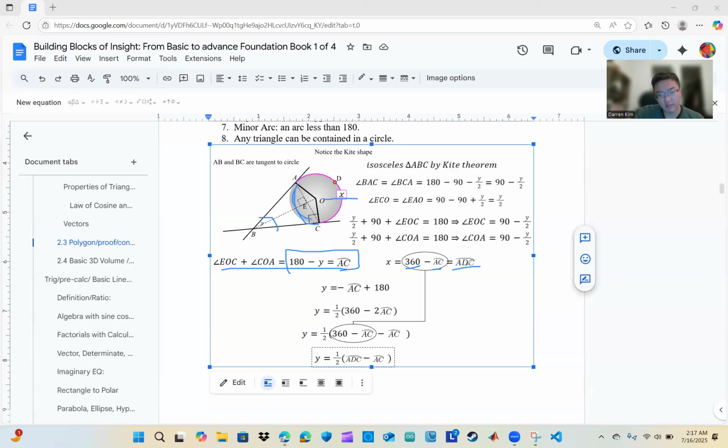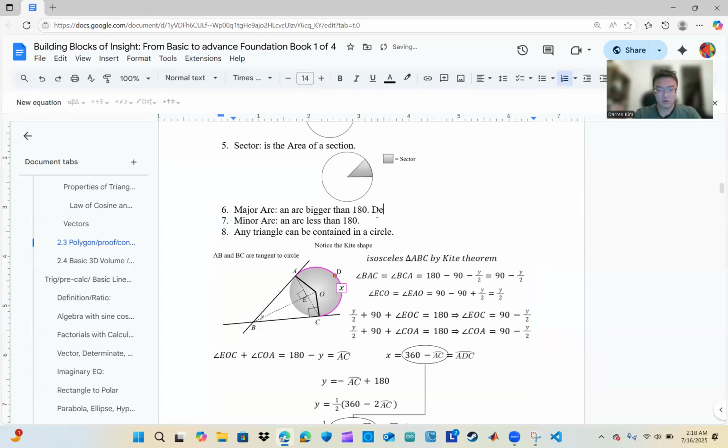ABC is the major arc. Oh, I forgot to write about major over here. Did I? I don't think I did. Okay, so a major arc has to have three different letters, that's how they're denoted.